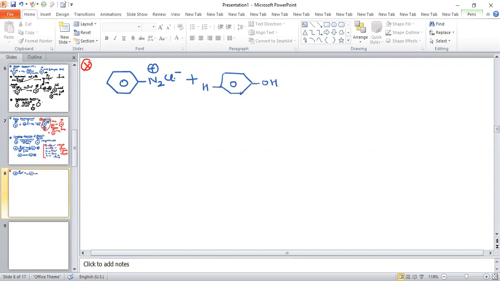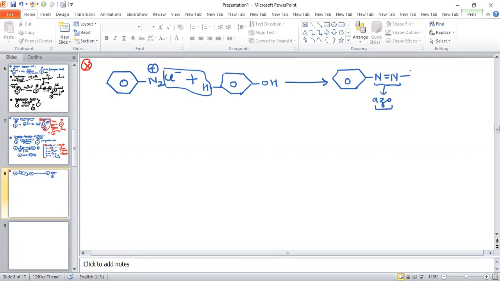Now what happens? This Cl and H will be removed. When this H and Cl are removed, it will form a compound like this. This is benzene, and azo means nitrogen-nitrogen double bond linkage. This linkage is basically the azo linkage. Now see what happens.